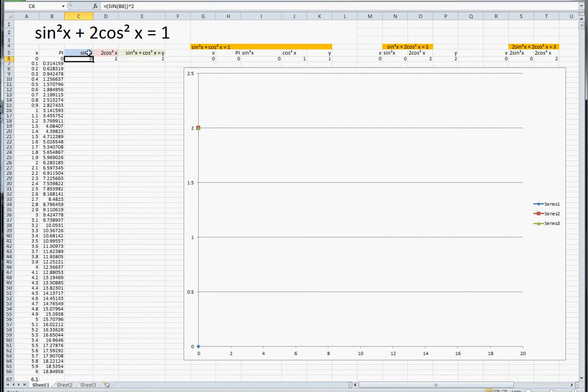That means that sin x squared, when x is 0, is equal to 0. And 2 cosine x squared is equal to 2. When you add 0 plus 2 together, it equals 2. Pretty straightforward when you're dealing with round real numbers like that.